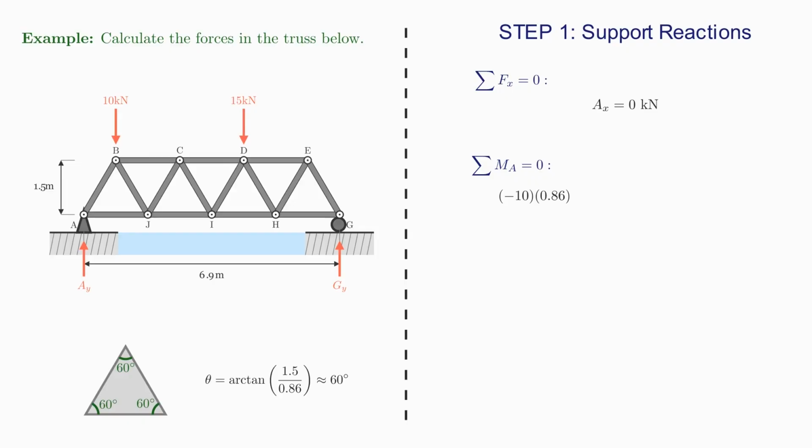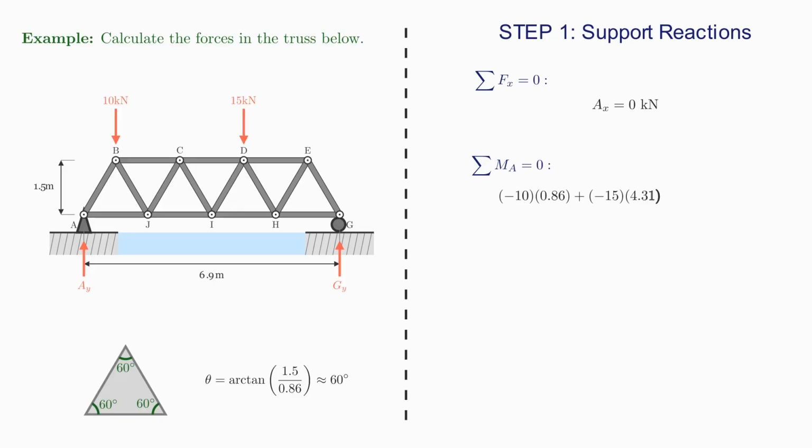The next force we have is the 15 kilonewtons. Again, fixing A and pressing down on top of the truss, this would turn the truss in a clockwise direction, meaning this is also negative. Therefore, we get minus 15 times 4.31. Finally, we have GY.